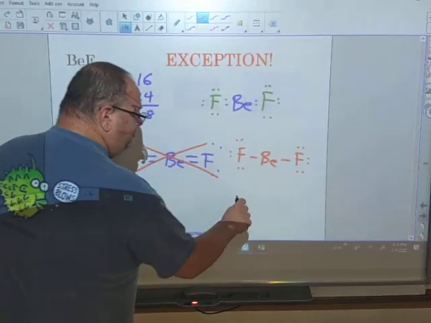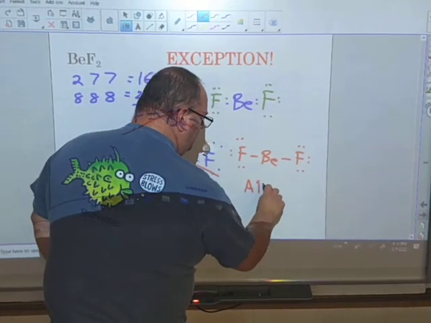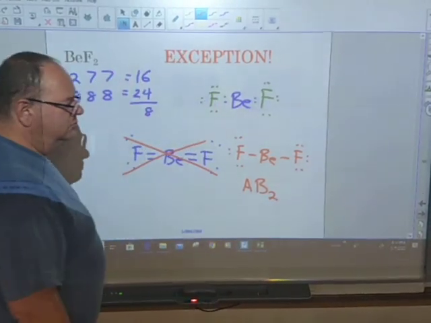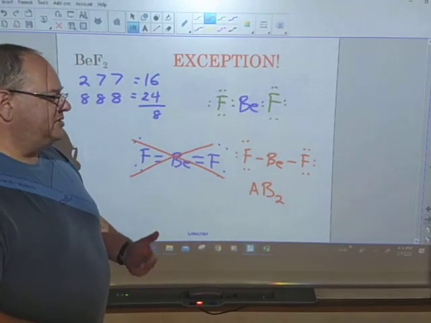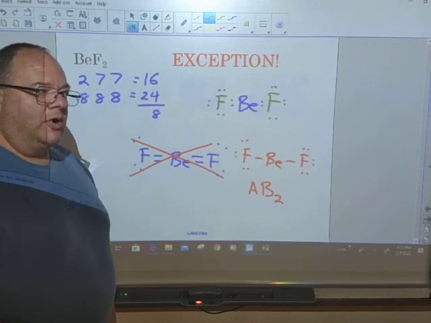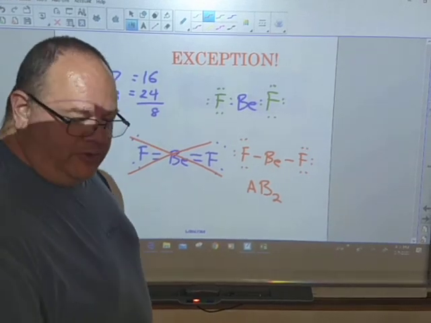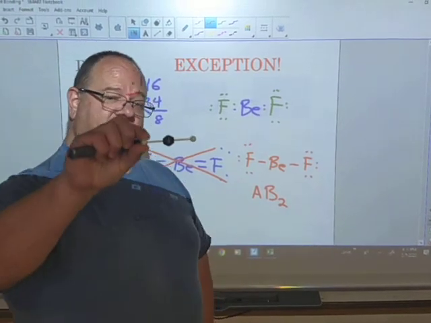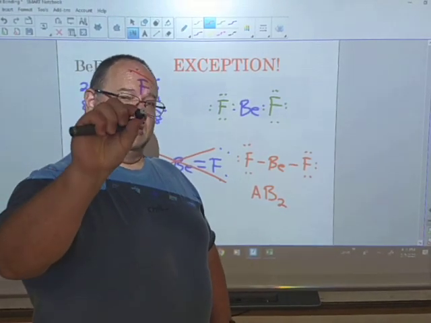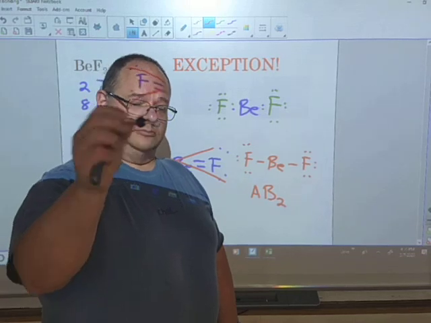What would be the geometry? AB2. No unshared pairs on beryllium. So AB2, we had that one before. There's only 2 groups of electrons. 2 groups of electrons are going to get as far apart from each other as possible, which is on opposite sides. That's a linear molecule.